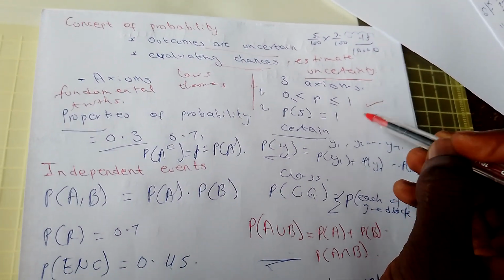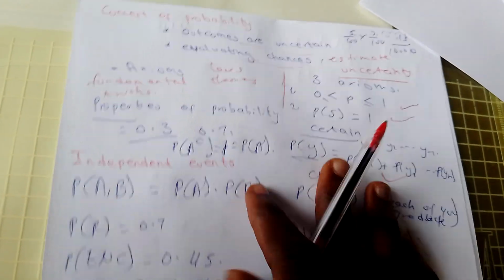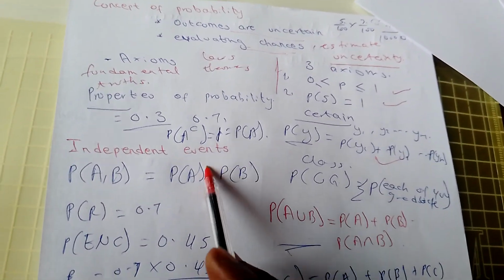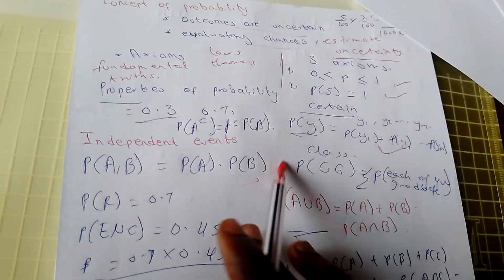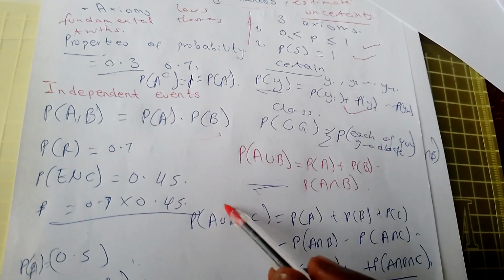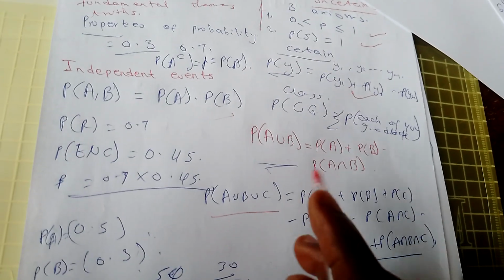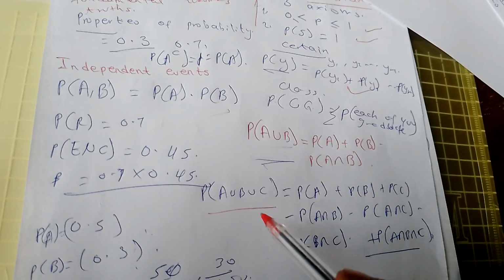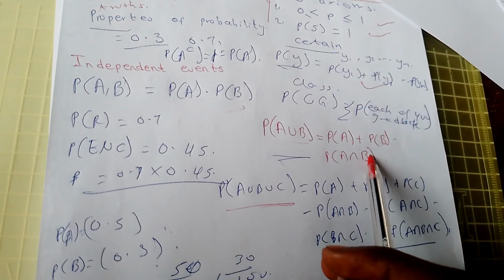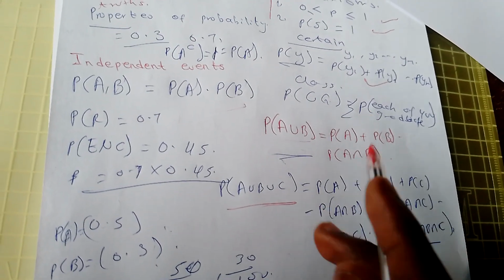And we spoke about what independent events are and how to calculate them. And then we also spoke about when you have a number of independent events. These are general formulas for properties of probability. So let's leave this one.